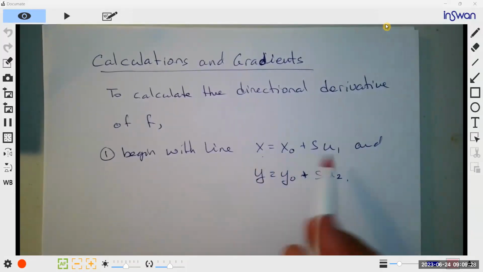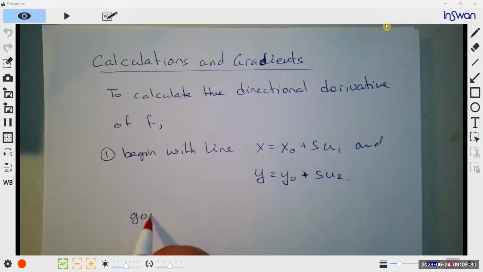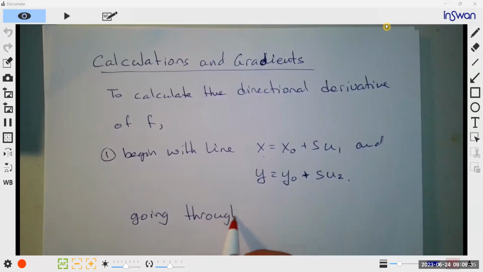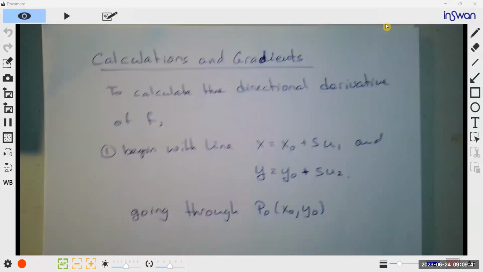Begin with the line going through some point P sub 0, x sub 0, y sub 0.